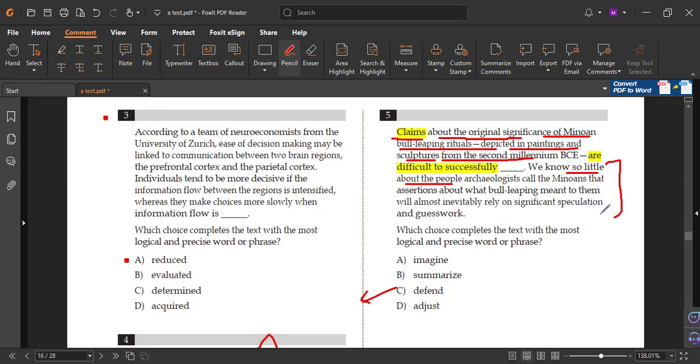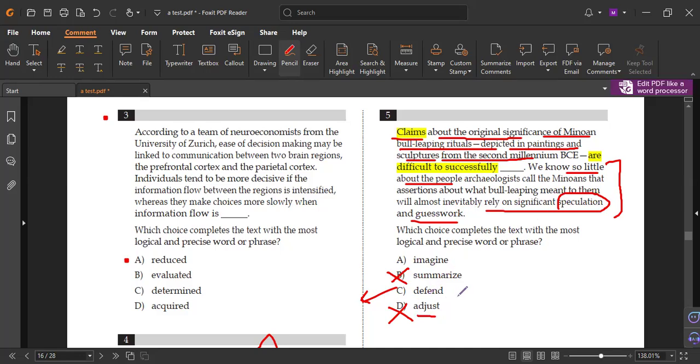We don't have any information here about adjust, to change something or to modify. Do you have any information about it being difficult to summarize? We don't have any evidence. But here he mentioned that because it relies on significant speculation and guesswork, it's so difficult to support it, so difficult to prove it.